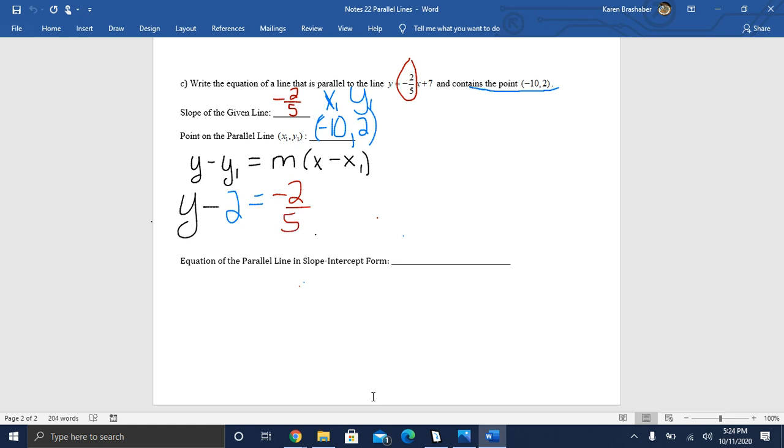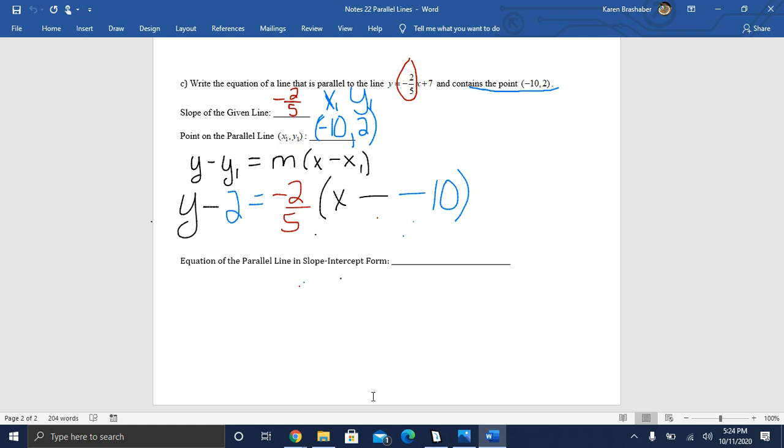And then we'll have x minus x1. The x1 we have a value for. So x minus, and then our x1 is negative 10. So notice that we'll have a double sign there.